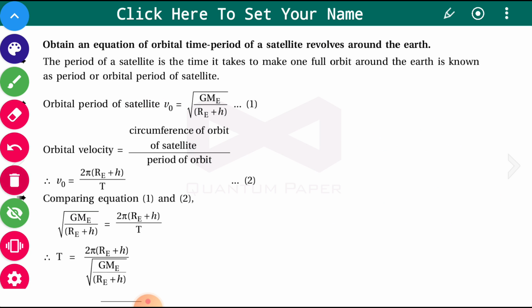Now you can see that equation 1 and equation 2 are the same; they are both giving the orbital velocity.